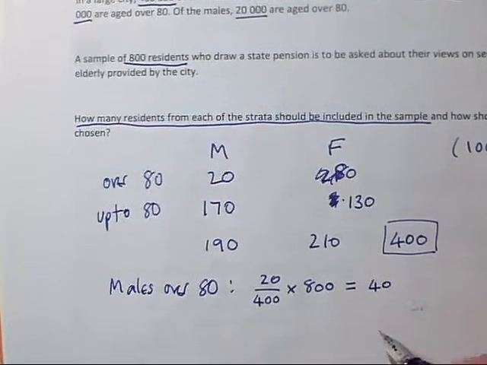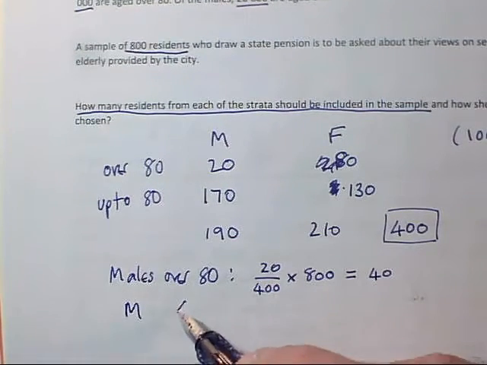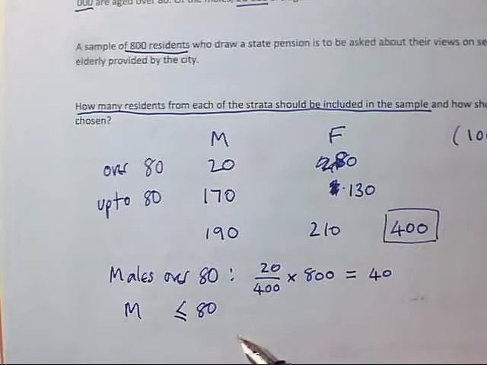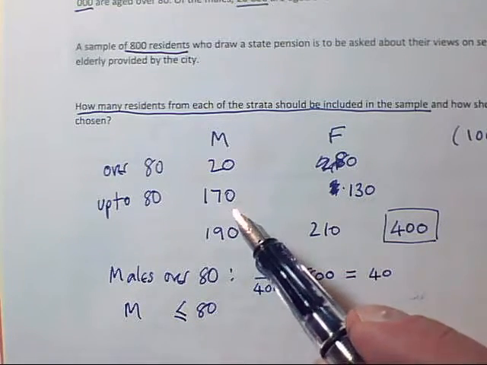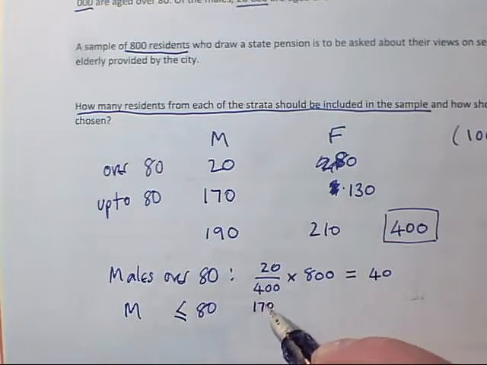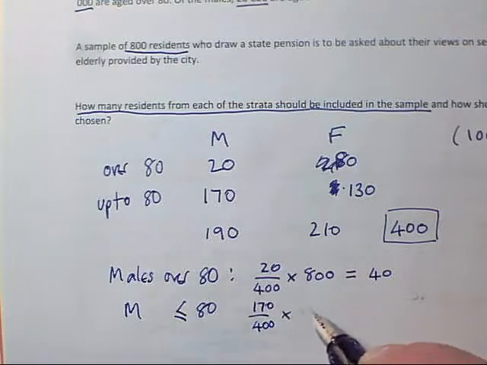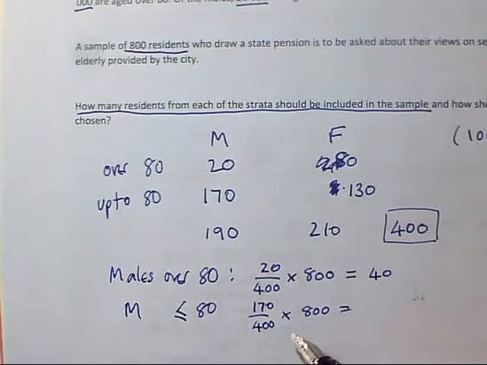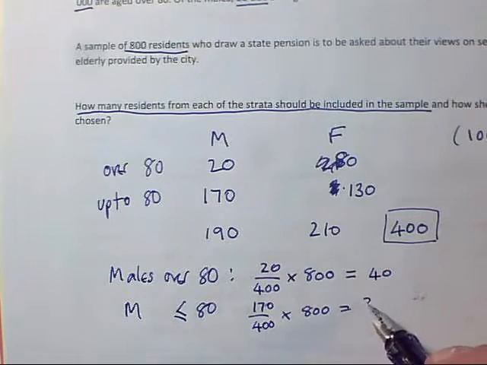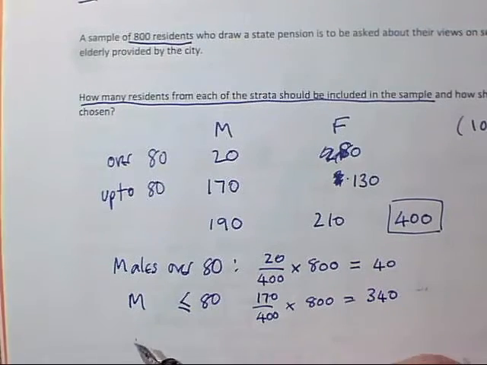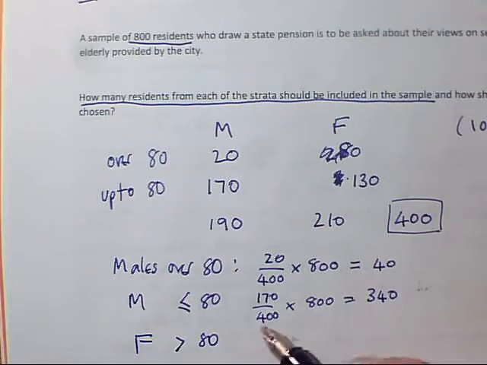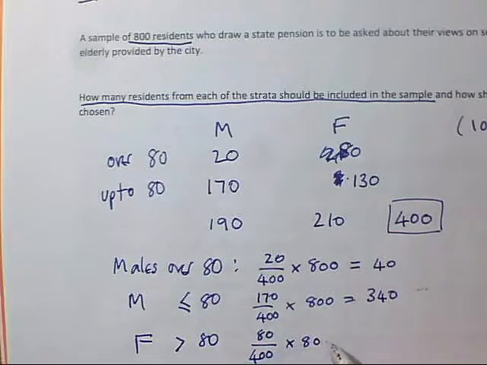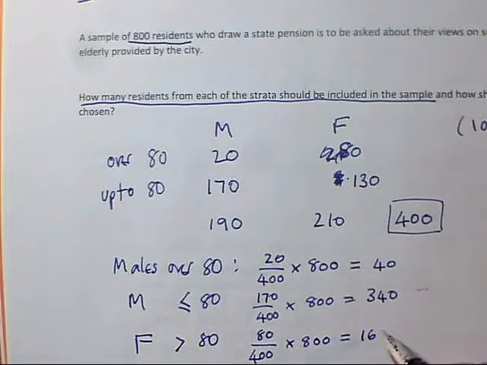And I'm going to repeat similar calculations for males under 80, or less than or equal to 80. So that will be 170 over 400 times my 800. And that's going to give me 340. And then for females over 80, I've got 80 out of the 400,000 in the population are females over 80, times the 800 is going to be 160.